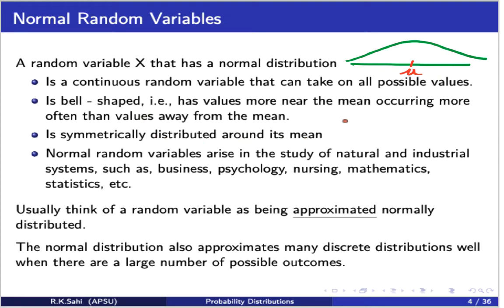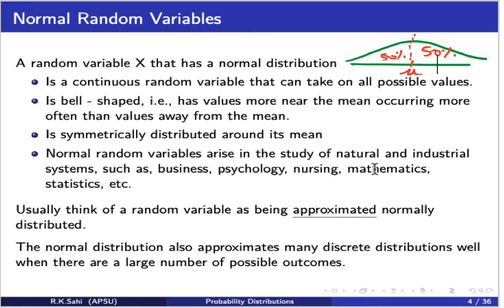What this simply means is that 50% of the values of our random variable lie to the left of the mean mu, and 50% of the values lie to the right of this mu. And they definitely arise in the study of natural and industrial systems such as businesses, psychology, nursing, mathematics, statistics.